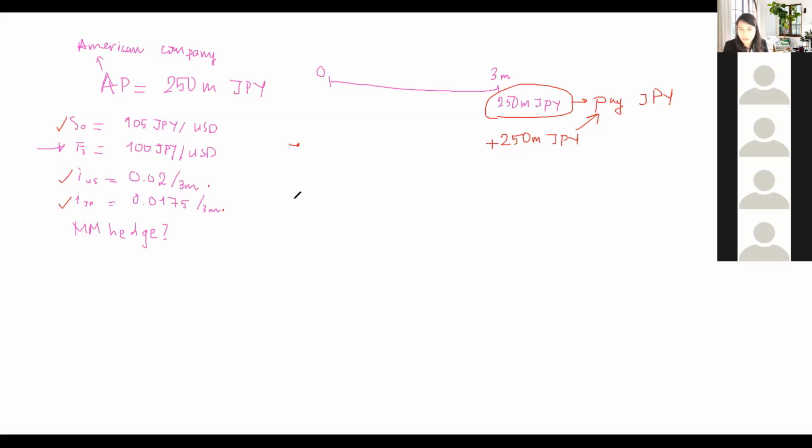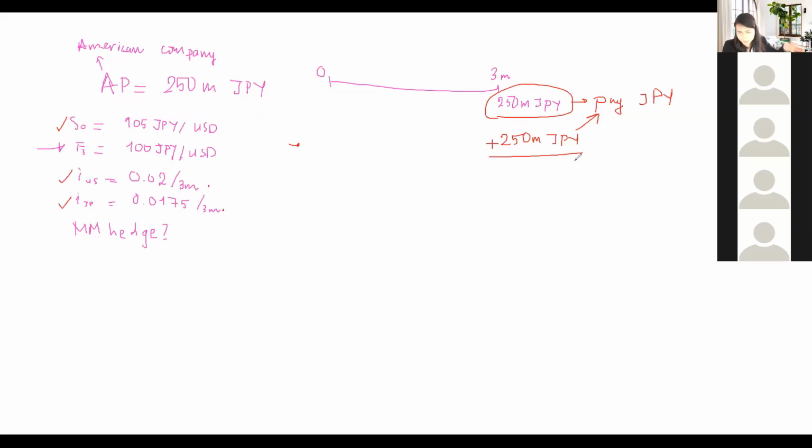For borrowing, it's the opposite. When you borrow money from someone, people will give you the money at the start, and then at the maturity, you have to pay back the principal as well as the interest. So as a result, if my money market hedging instrument provides a positive 250 million Japanese yen in 3 months' time, that will be similar to a lending activity.